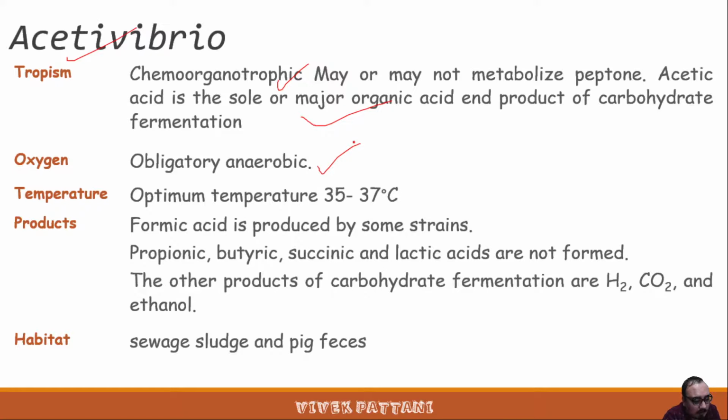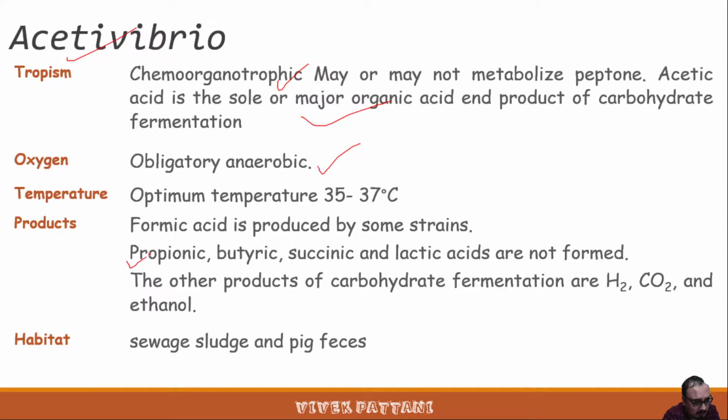With an optimum temperature of 35 to 37 degrees Celsius, formic acid is produced by some of the strains, and propionic, butyric, succinic or lactic acids are generally not formed.